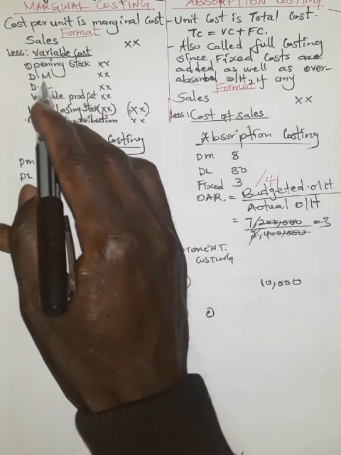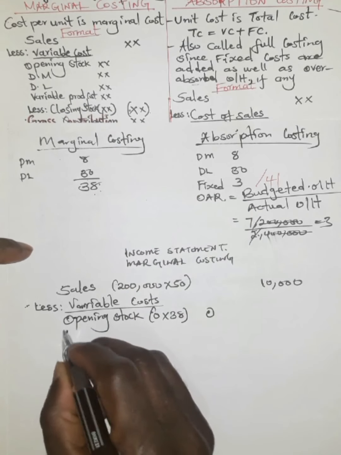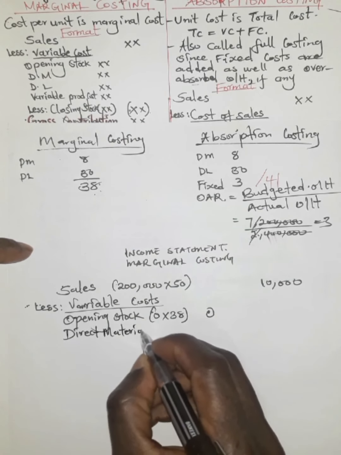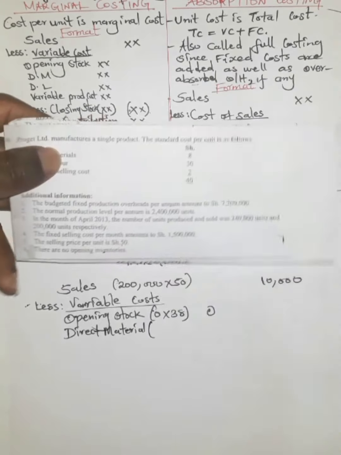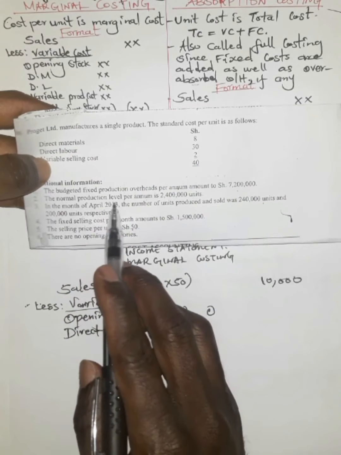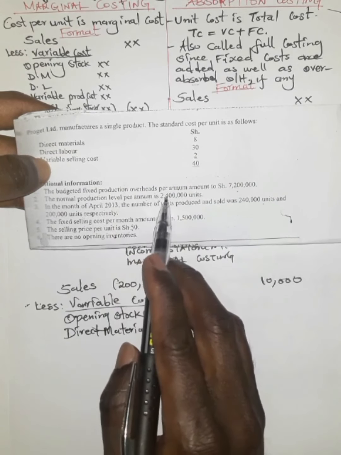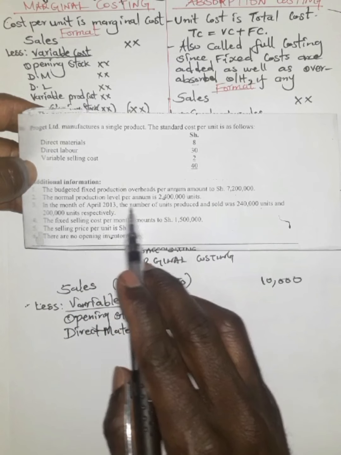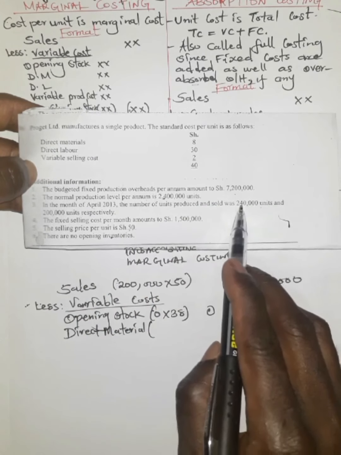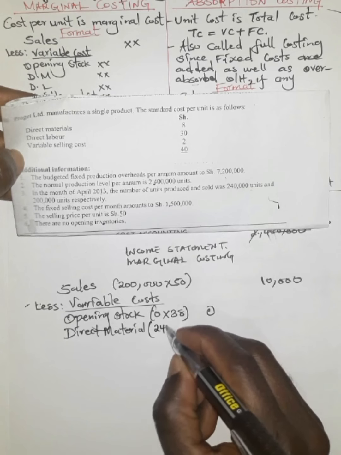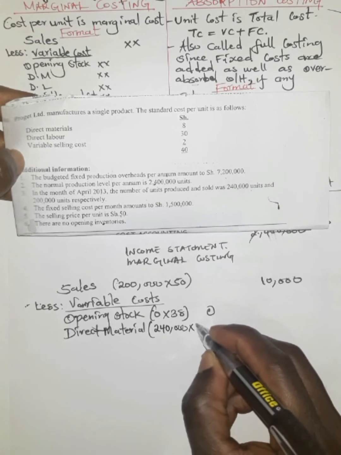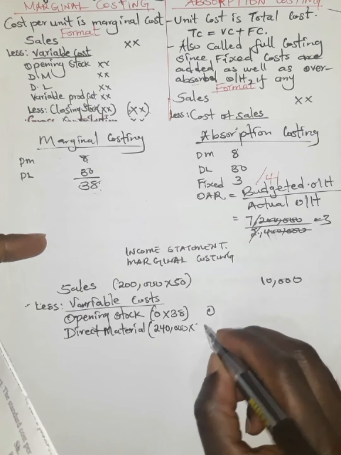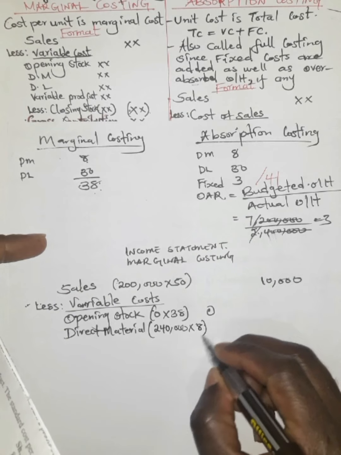And then later we shall have the direct material. Remember, direct material is a component of units that were produced. In information number 3, in the month of April 2013, the number of units produced was 240,000, times the 8 which was the units as per the direct material.